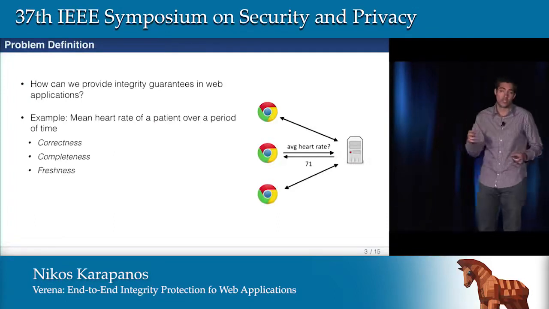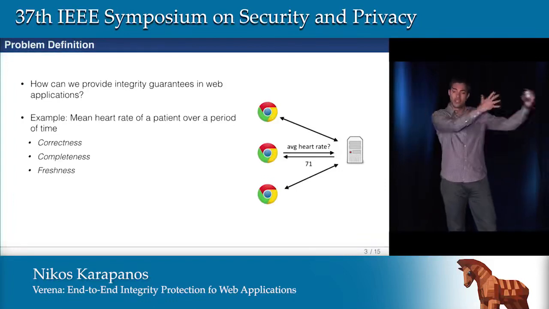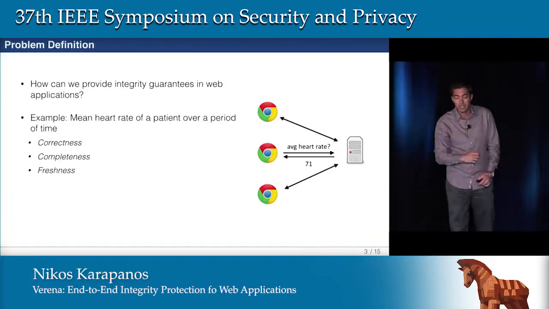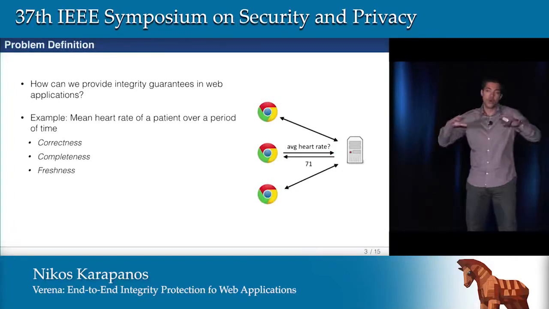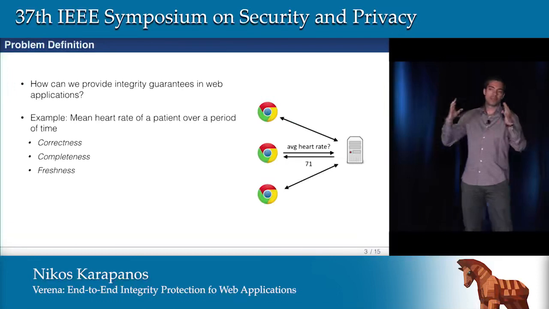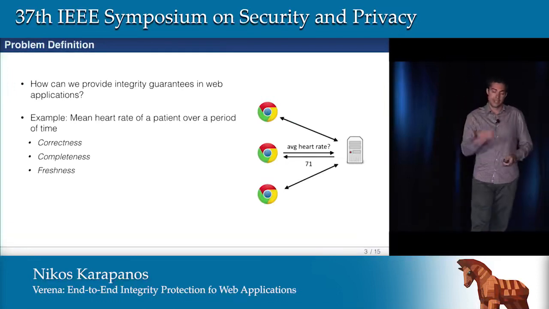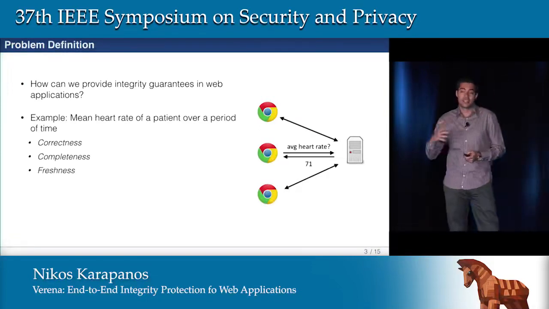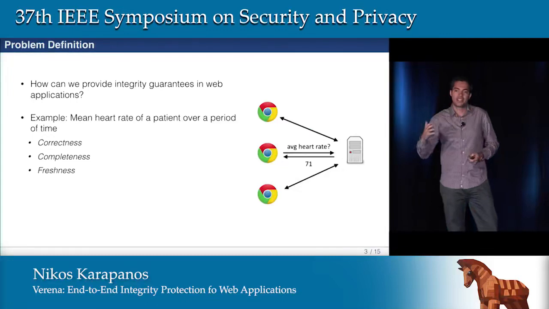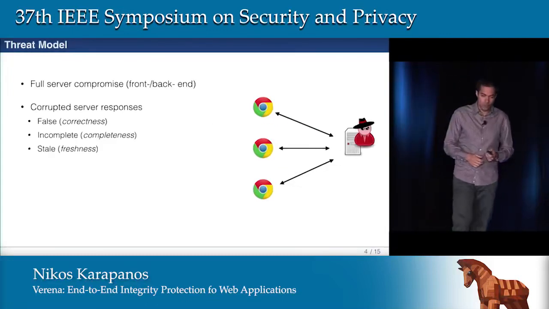So it was computed correctly based on what was submitted or reported by the pacemaker. We want to make sure that the result is complete, meaning that all the measurements within this period of time that the doctor asked for were included in the result that is fetched back to the doctor, and also that the result is fresh, so that the result reflects the latest state of the application.